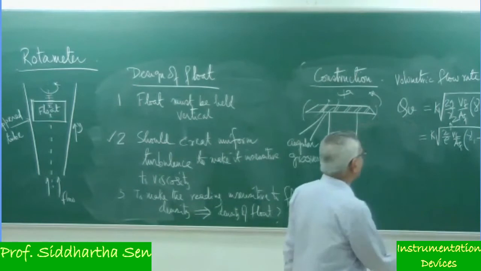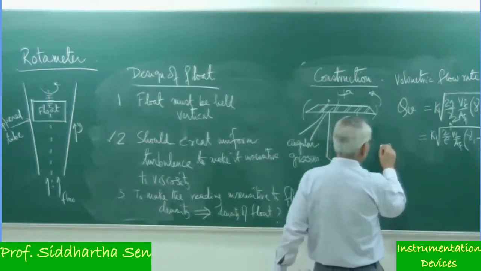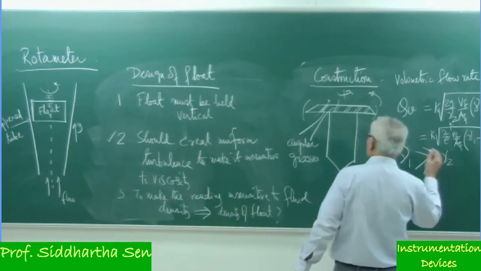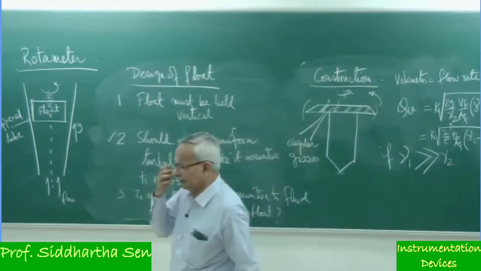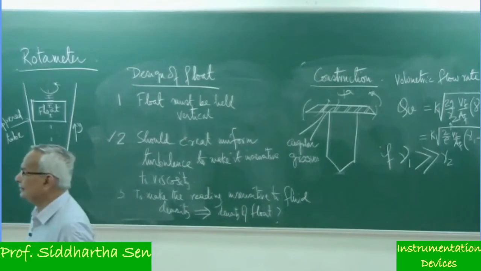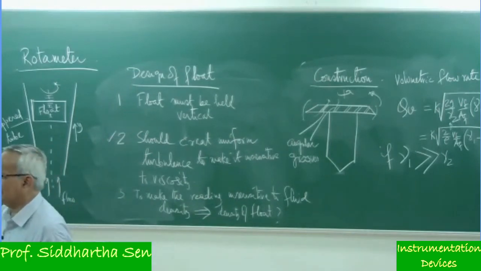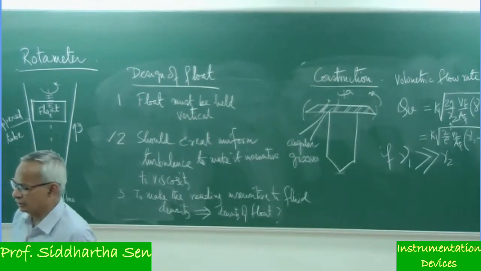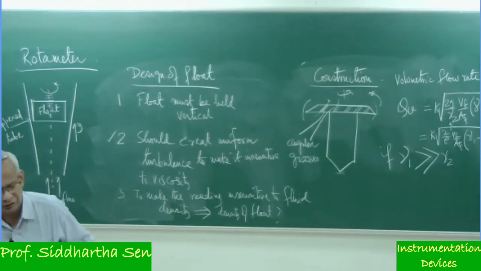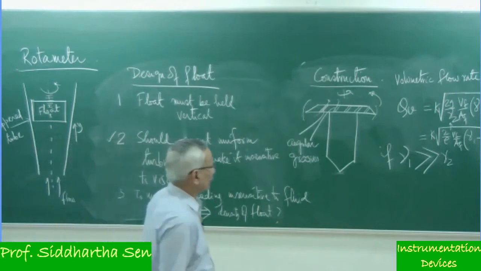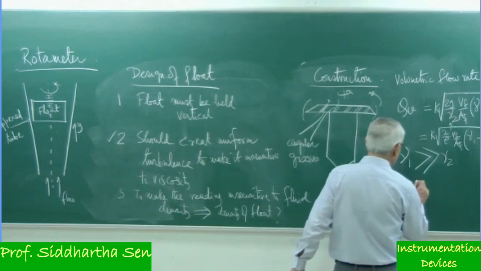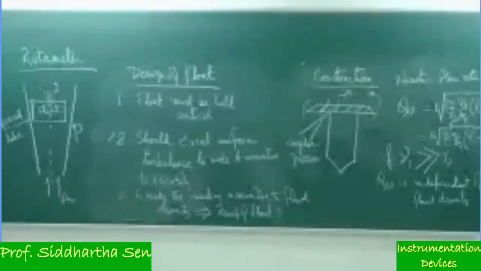So, what we can say is that if gamma 1 is much greater than gamma 2, that means the float material density is much higher than the water, or if it is air, it is obvious, so that it is heavier, then we can say that QV is independent of the fluid density.